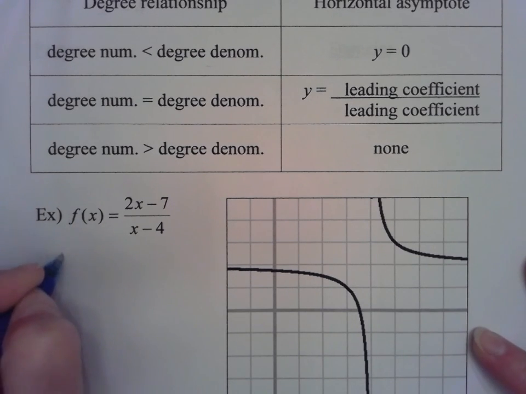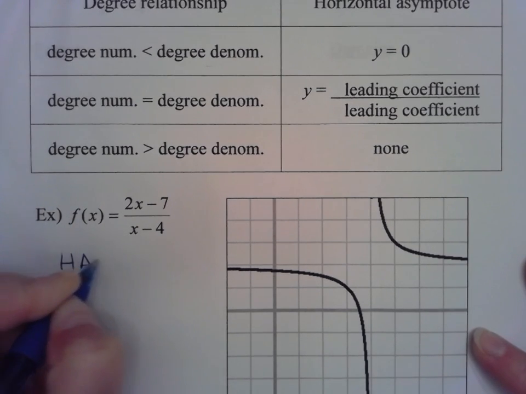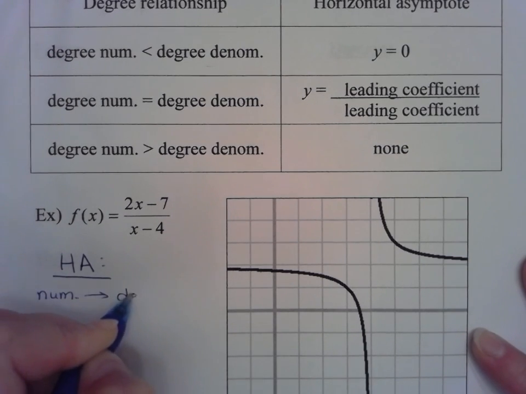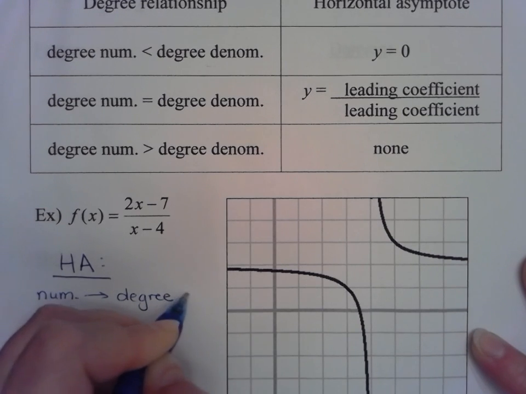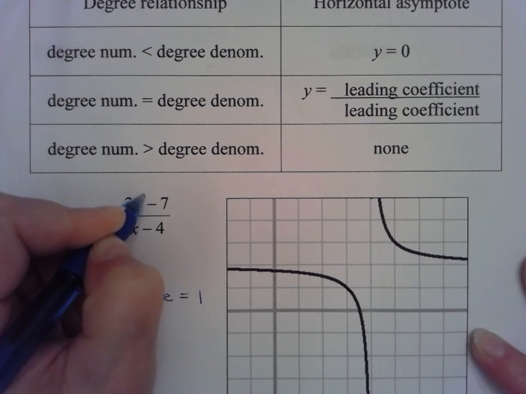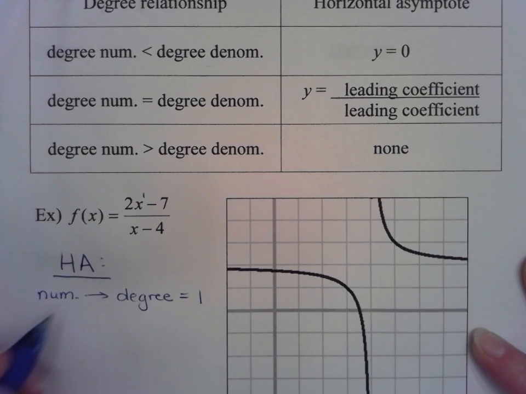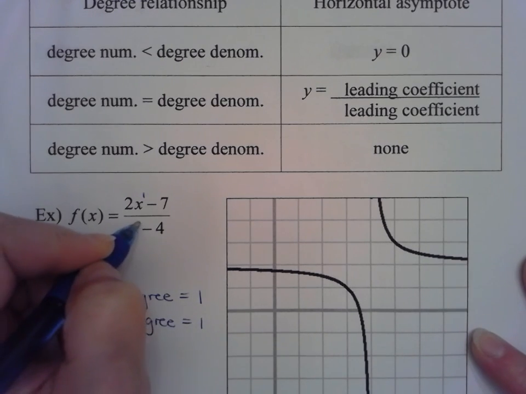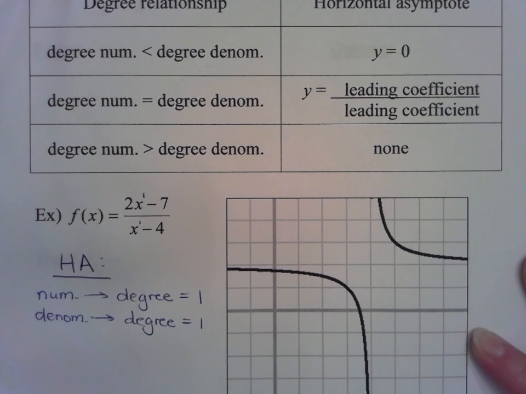So I usually use HA as an abbreviation for horizontal asymptote. Okay, so notice in the numerator, the degree is 1, because I have x to the first power. And in the denominator, the degree is 1, because I also have x to the first power.